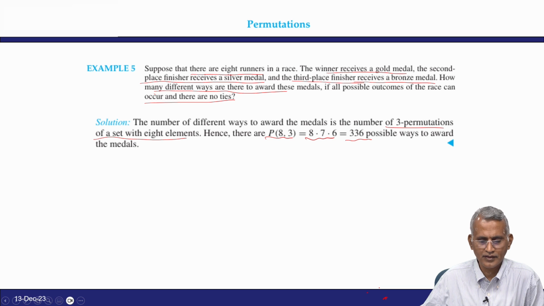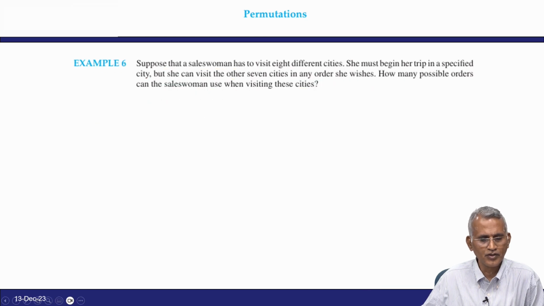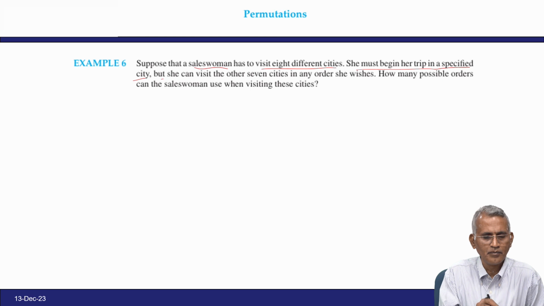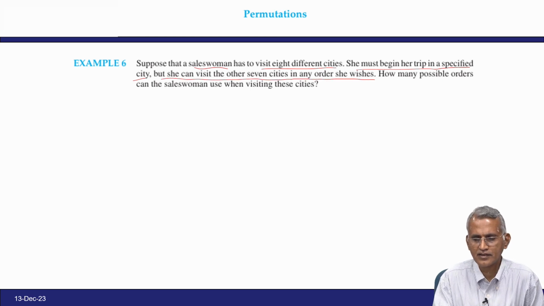So, this is the way we can choose the outcome of the race, with the condition that there are no ties. Another example is, suppose that a saleswoman has to visit 8 different cities. She must begin her trip in a specified city, but she can visit the other 7 cities in any order she wishes.